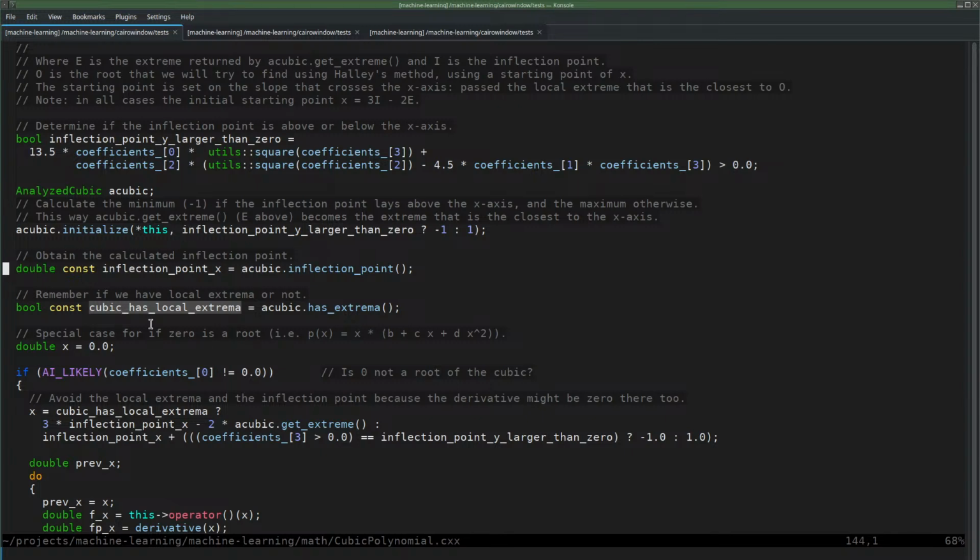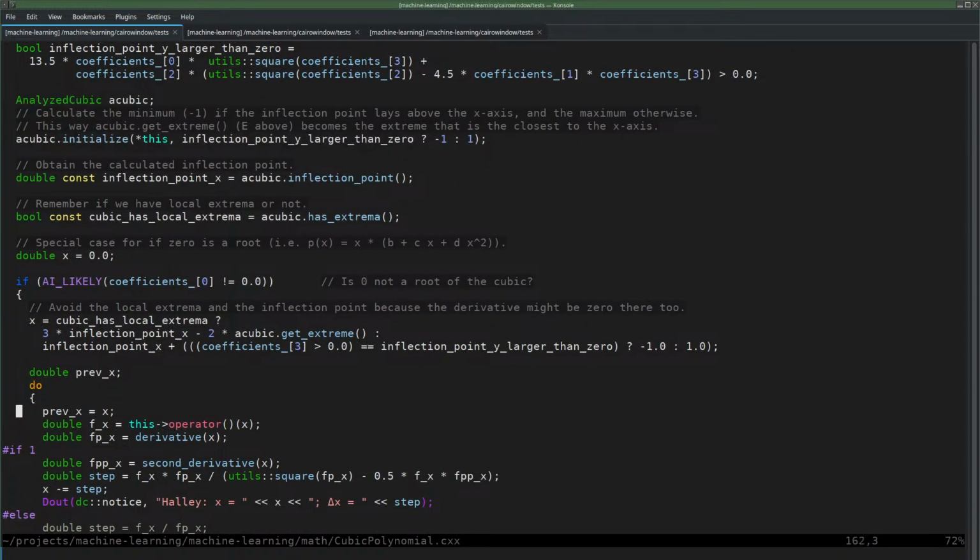Actually, we're not sure that it does, right? No, we don't know. Maybe it doesn't. Maybe I want to take into account that it does not have necessarily, but then we have 2 branches here. Well, not here, but here. And it's one of these. So I want to consider only the cubic for now that does have a local extreme.